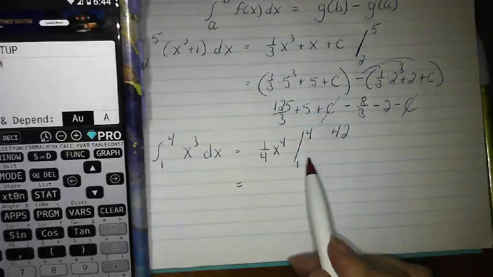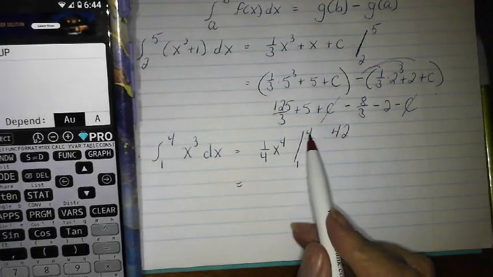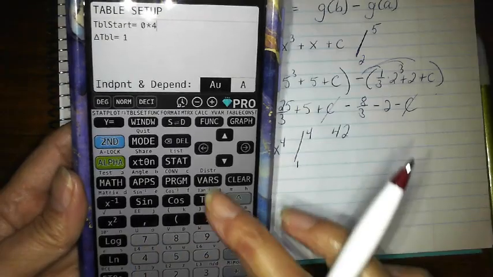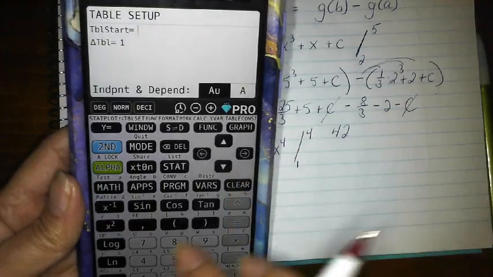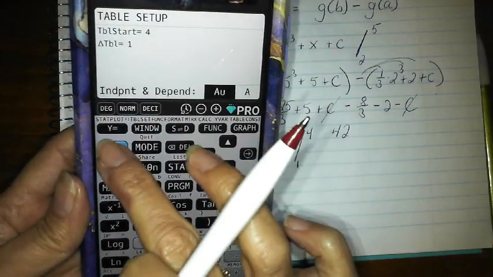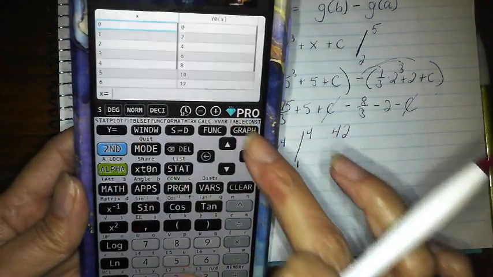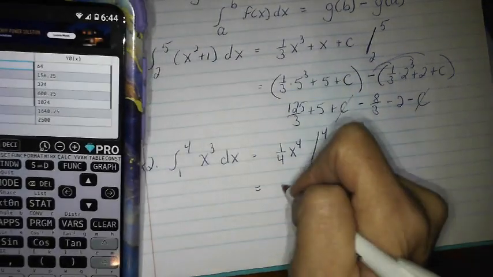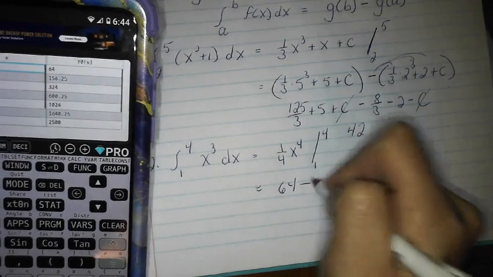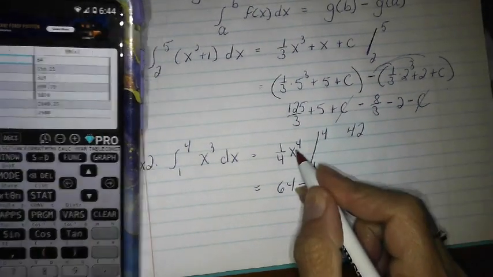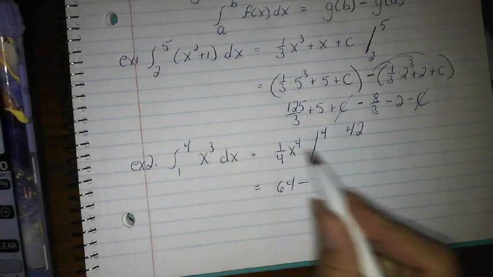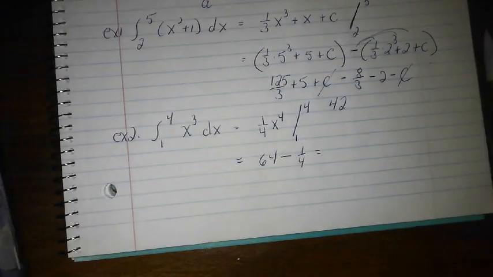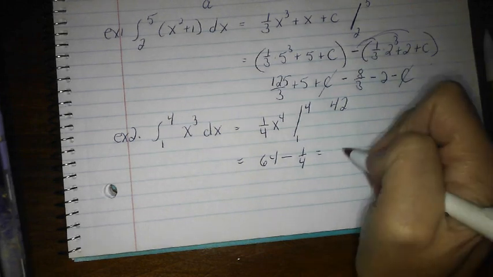I'm going to start it at 4, go by 1. So now if I go to the table, when I plug in 4, I get 64. Minus, and when I plug in 1, oh, I don't need the calculator to tell me that's going to be 1/4. So my final value is 60 3/4.